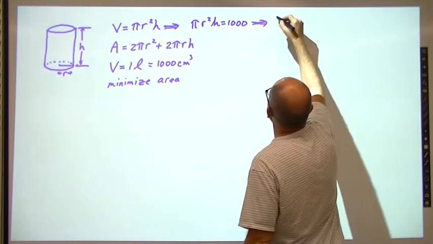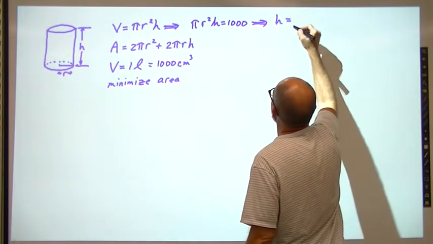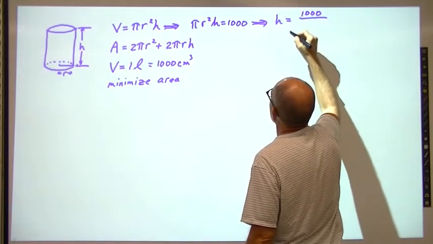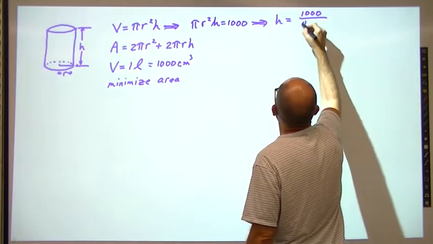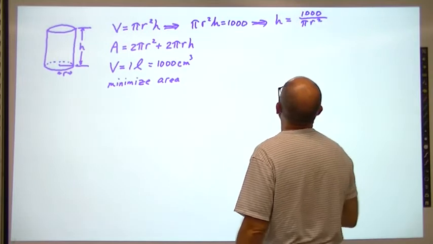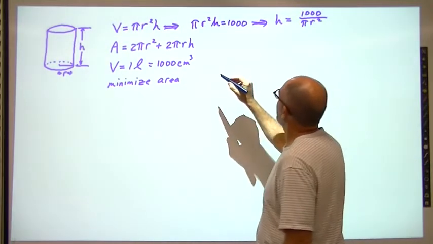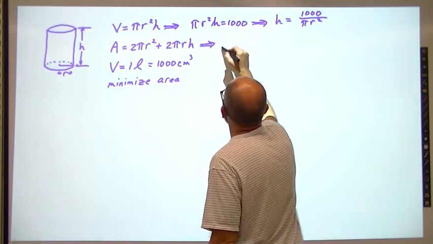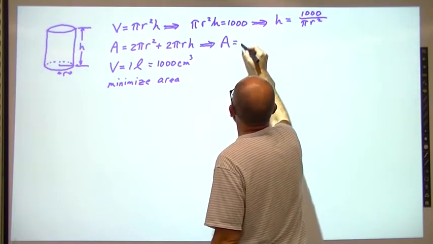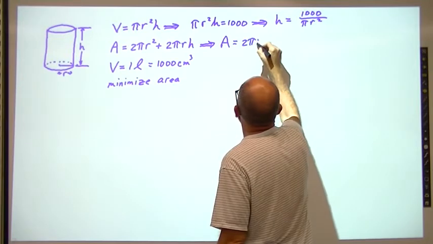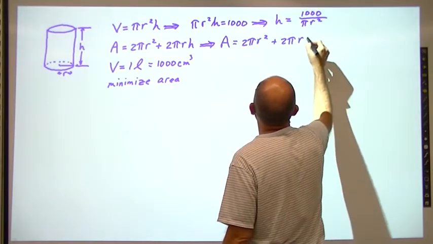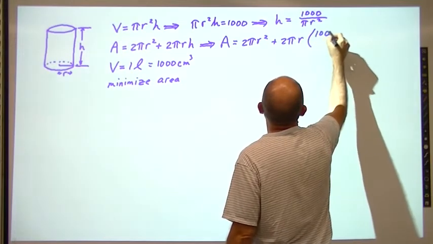Okay, so we say h equals 1,000 over pi r squared. Okay, so cruising on back here, we say then the area equals 2 pi r squared plus 2 pi r h.